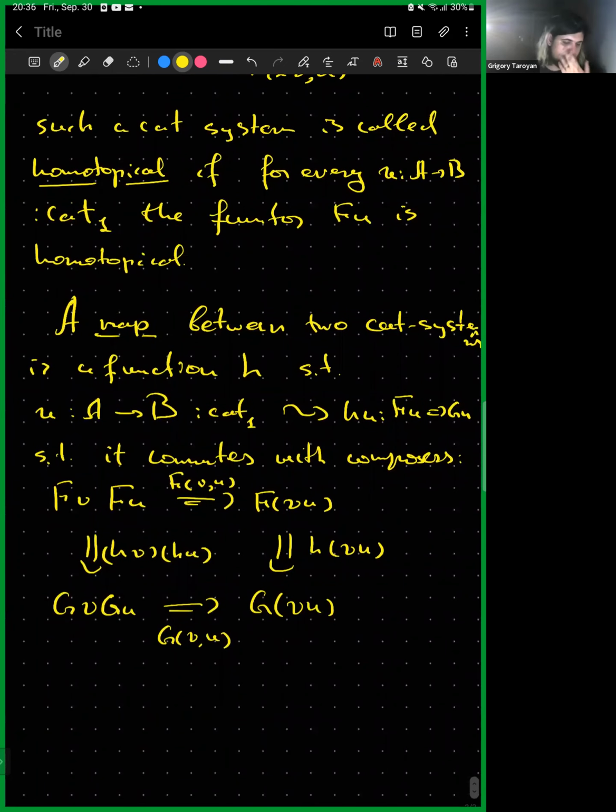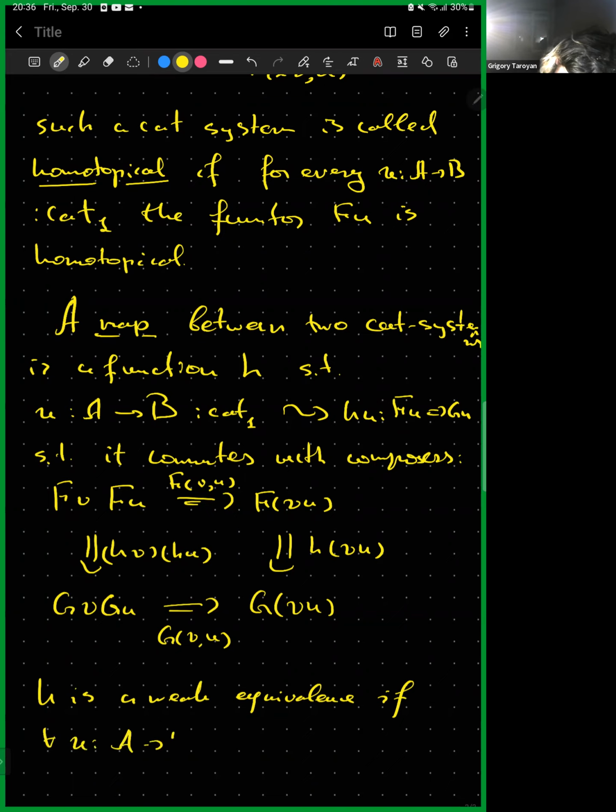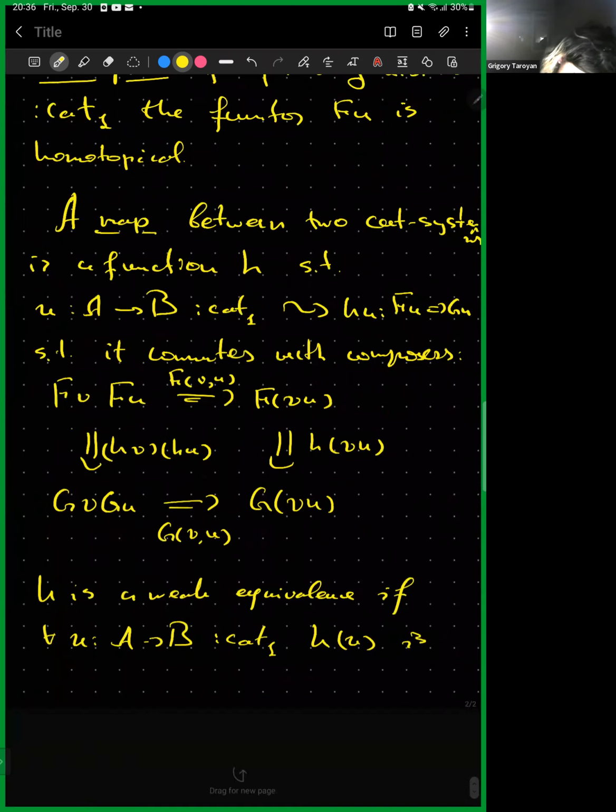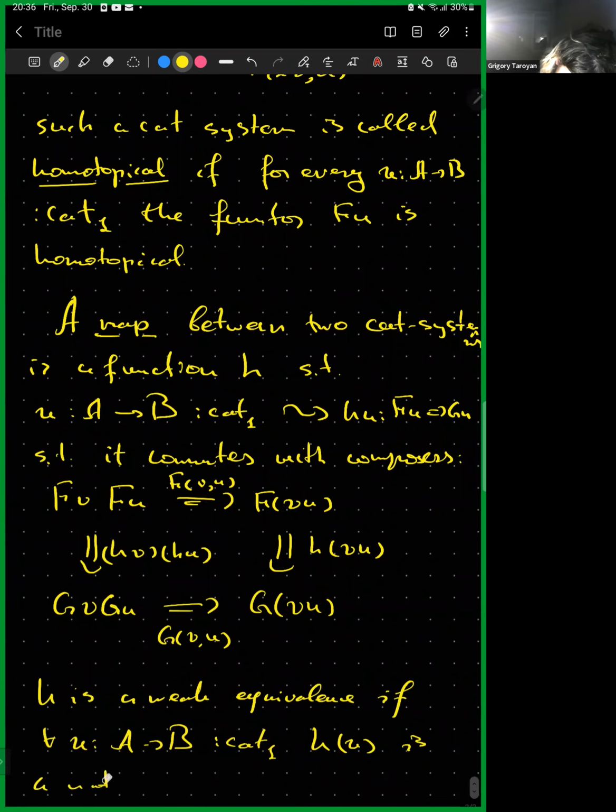And so, of course, we can say when such a map is a weak equivalence. H is a weak equivalence if for any functor between small categories, Hu is a natural weak equivalence.